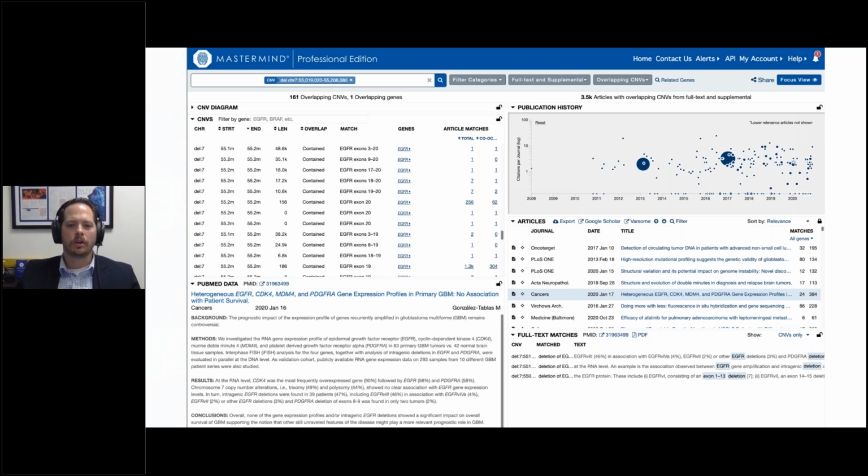Mastermind recognizes all of the different ways that copy number variants can be described, puts those together to maximize the sensitivity of your search result, and then allows you to review that information and refine your search with enhanced specificity search capability. So in this case, you'll see in the upper left our ability to find all of the different EGFR deletions, whether they comprise commonly deleted exons like exon 19 or 20, or whether they're larger or less frequently mentioned exon deletions, such as may be present in your workflow in that particular case.